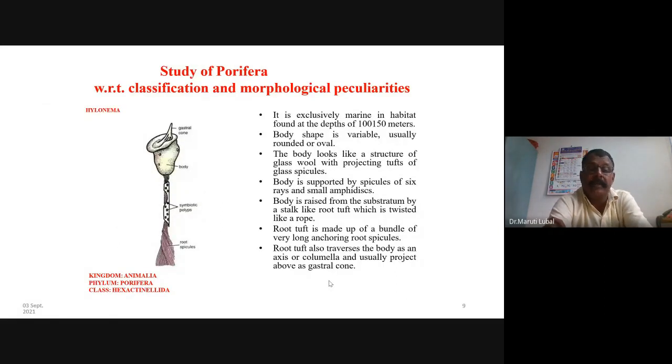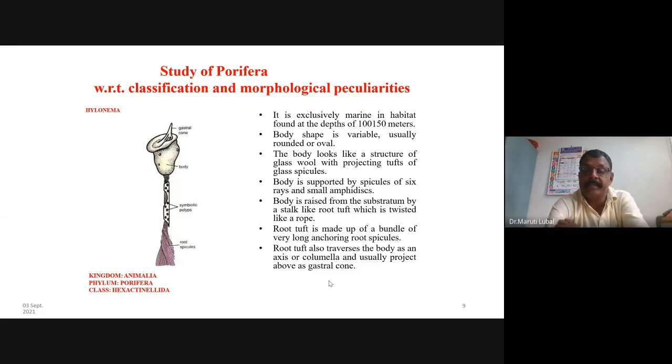Next animal is Hyalonema. It is an exclusively marine animal. It is found at a depth of 100 to 150 meters in the sea. Body shape is variable, usually rounded or oval. The body looks like a glass bowl with projecting tufts of glass spicules. I have drawn it in the diagram. The body is supported by spicules of 6 rays and small amphidiscs.